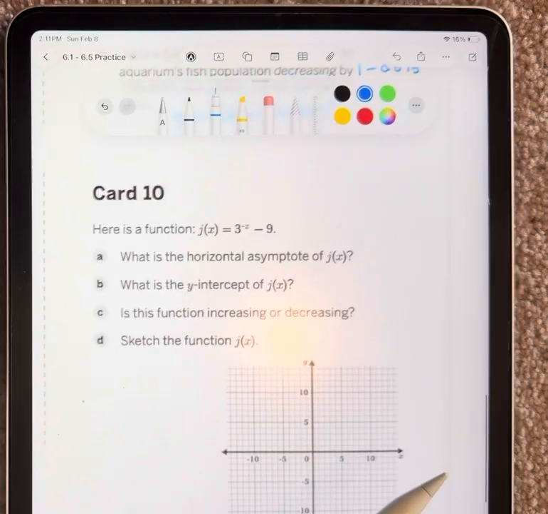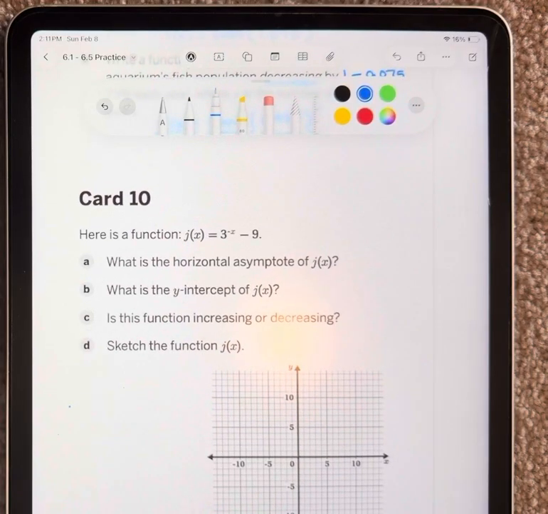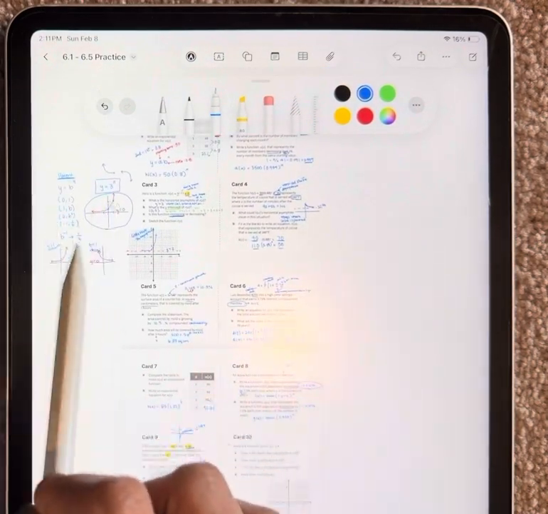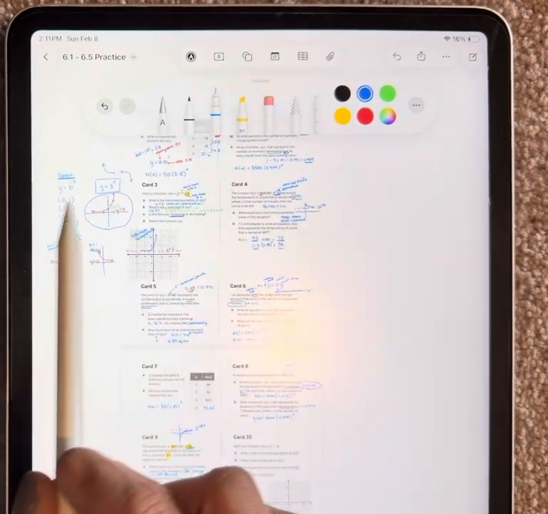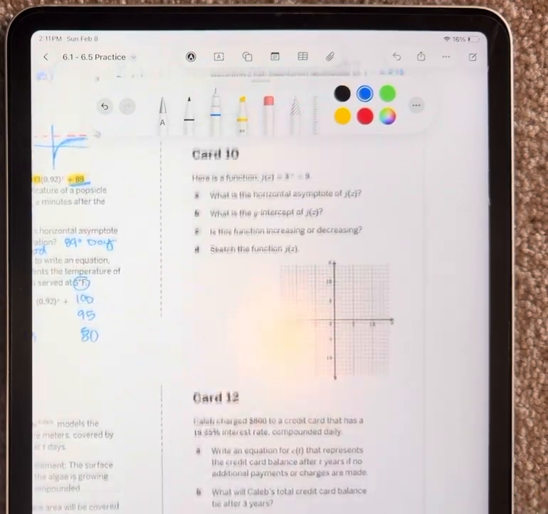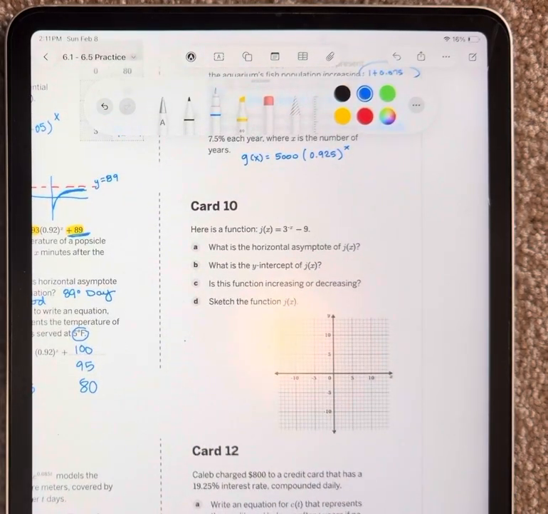Okay, here we are. Here's a new function. And we're going to do just what we did over here. So again, please go back to the explanation of card number 3. I'm not going to go through that much explanation again. I hope I don't have to go through really much explanation at all, that you can do this on your own.